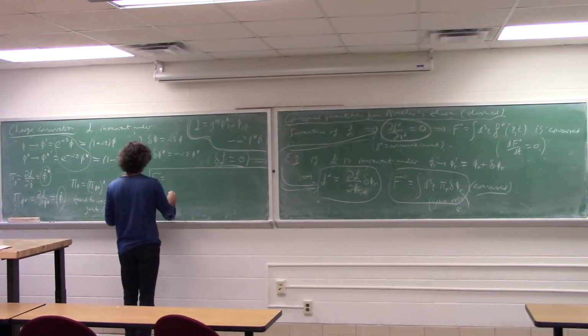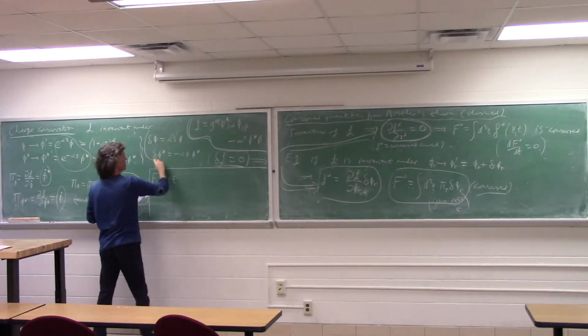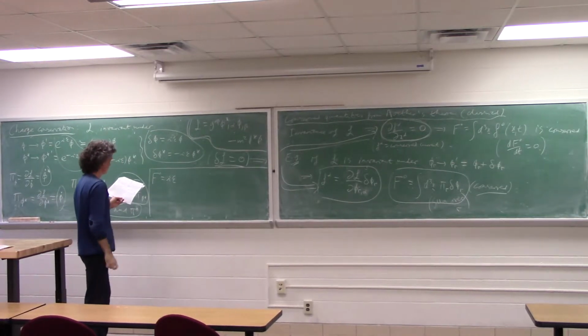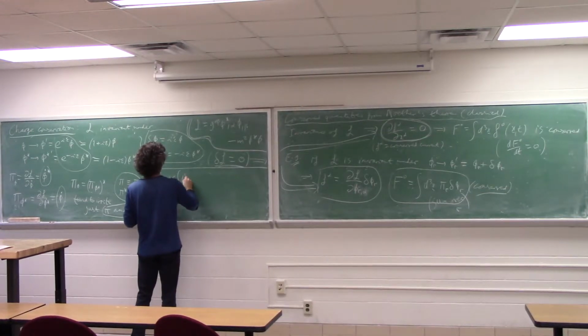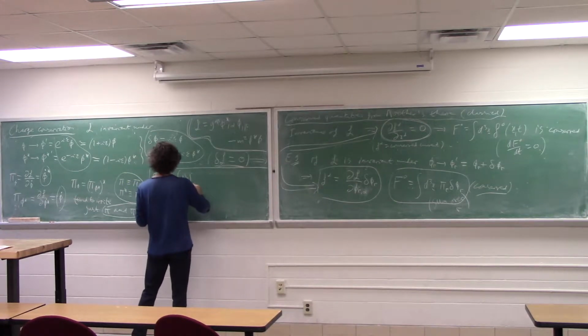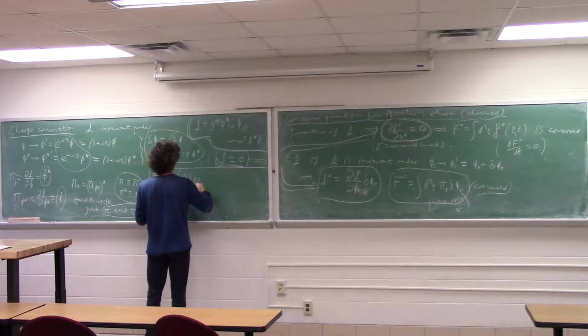Substituting in these expressions for delta phi and for pi, we get i epsilon times the integral over all space of, well, let's leave it in terms of pi.